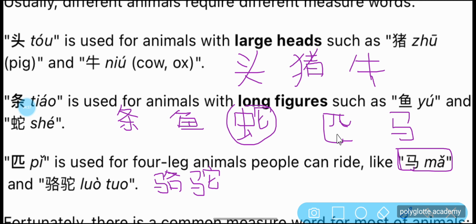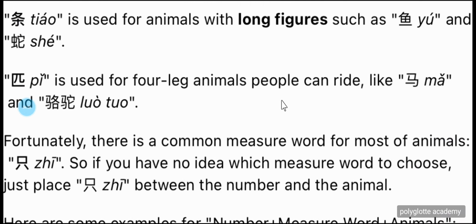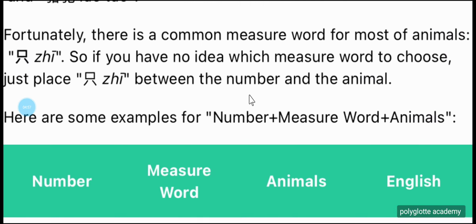Pi is used for four-legged animals people can ride, like ma, which is horse, and luotuo, which is a camel.